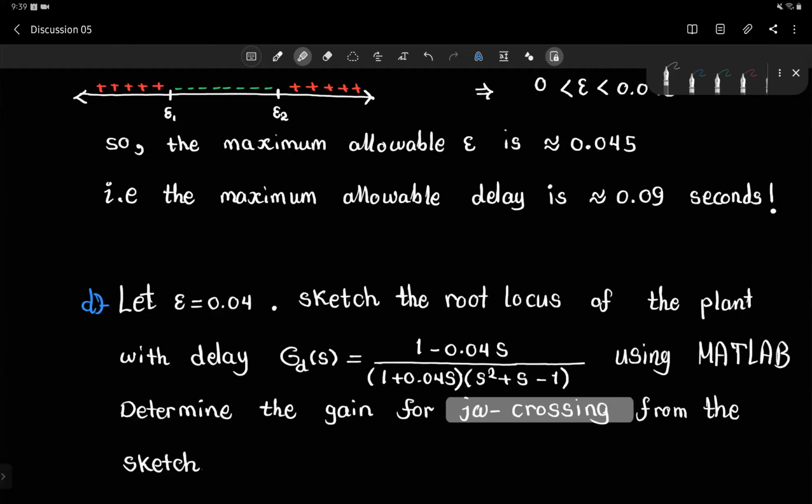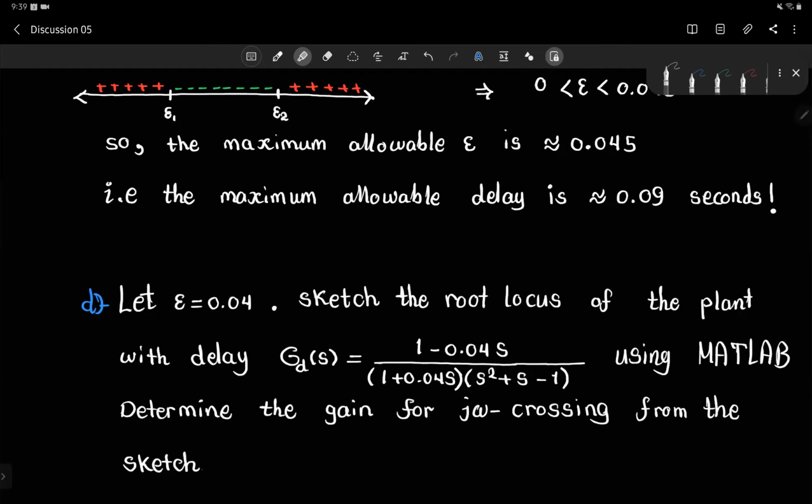What happens when the root locus crosses the j omega axis, which is the imaginary axis? It changes stability. Yeah, exactly. It becomes marginally stable at the exact value where it crosses the imaginary axis, and then it goes to instability if we try to increase the gain k any further.